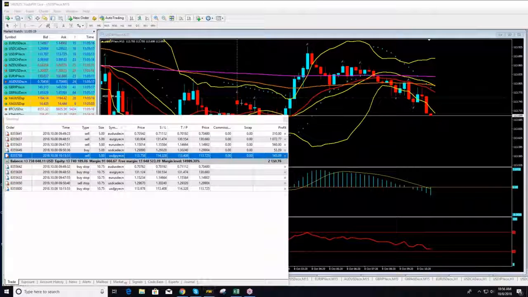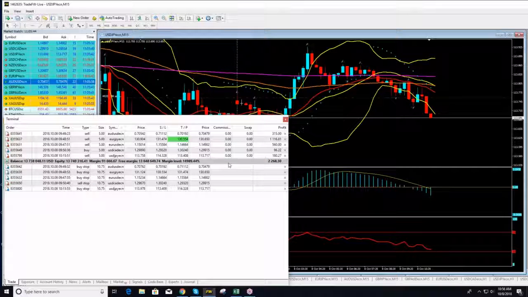So we have entered also short positions on dollar yen with a stop loss at 114.328 and take profit at 113.408. This trend is against the daily trend, but for intraday trading purposes, it seems that it will be a correction day for the dollar yen.